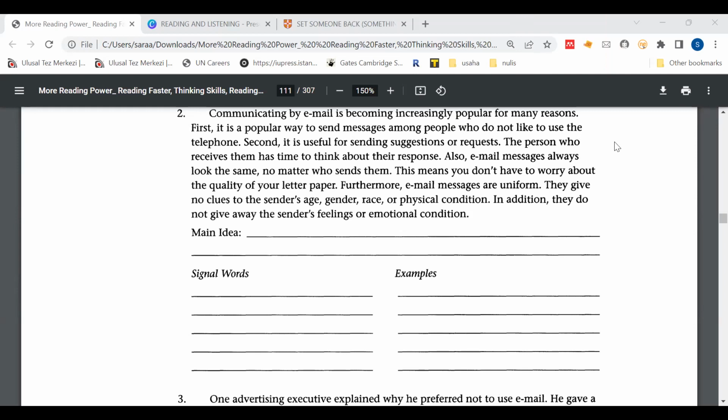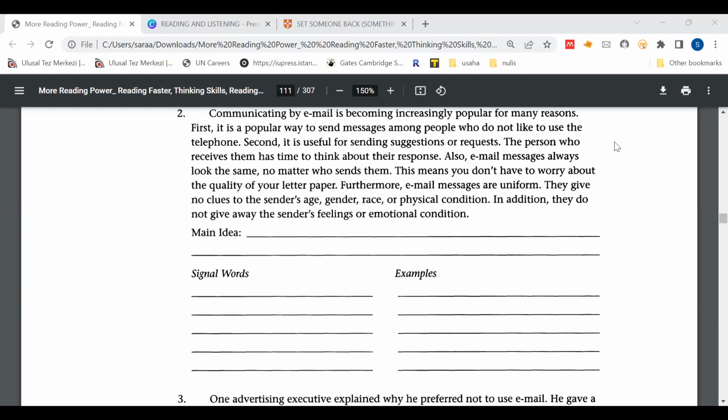Communication by email is becoming increasingly popular for many reasons.